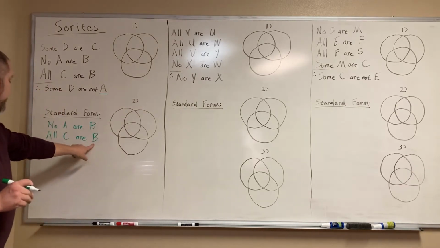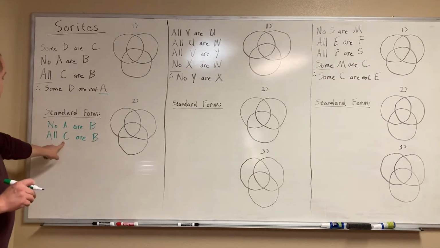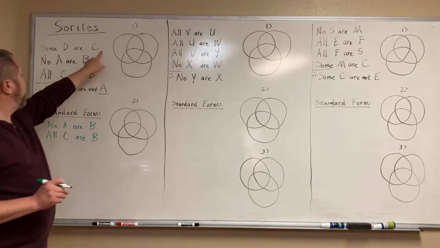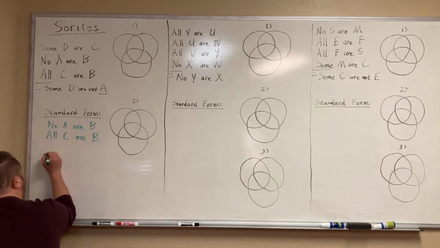And then we look at the other term that's in it. So we already have B taken care of. We're looking for the premise with C in it. And sure enough, the only premise that's left has C, some D or C. I'm going to leave a little gap here. You'll see why in a minute.